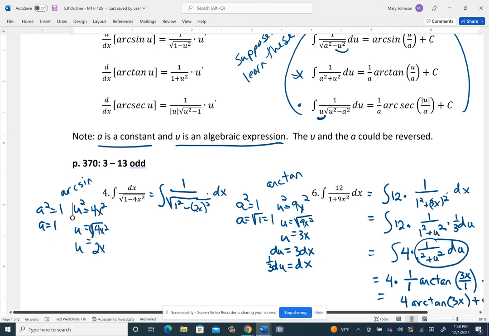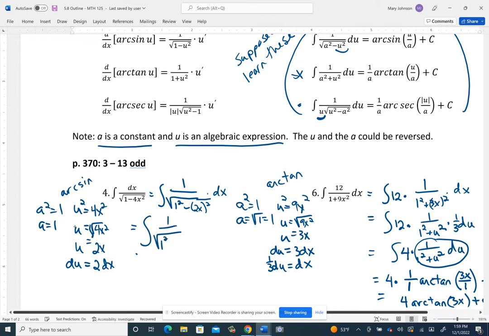Okay, so now I go back and do the derivative with respect to x. That would be du equals 2 dx. Now I'm going to come back to the problem and put the u's in, get it to look just like that formula.